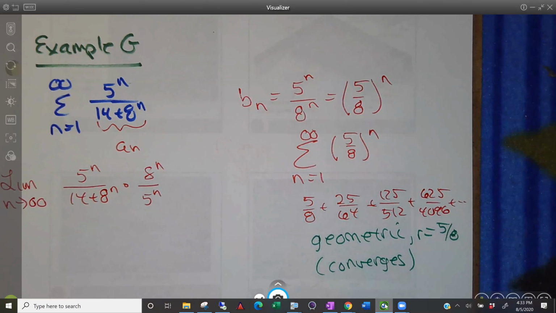Like that. Boy, it's kind of an ugly limit calculation.